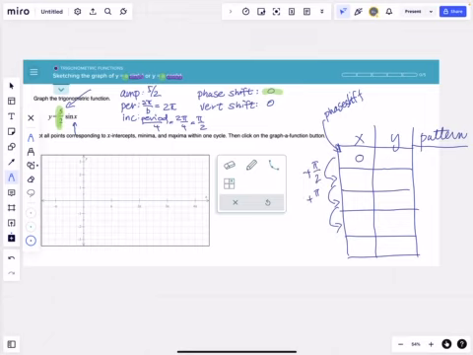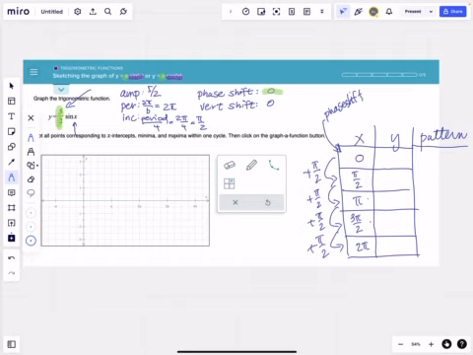We're going to do that 4 times. So 0 plus pi over 2 is going to give us pi over 2. Then if I add pi over 2 to pi over 2, I have 2 pi over 2, also known as pi. Now if I add pi over 2 plus pi over 2 plus pi over 2, that's going to give us 3 pi over 2. And if I add one more of those, I get 4 pi over 2, which is also known as 2 pi. Great, we have our x column done.